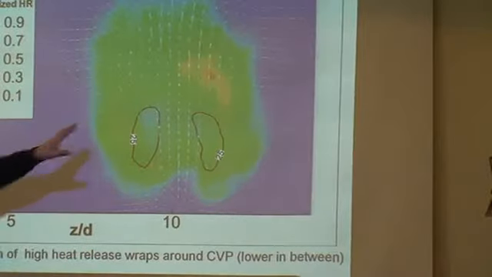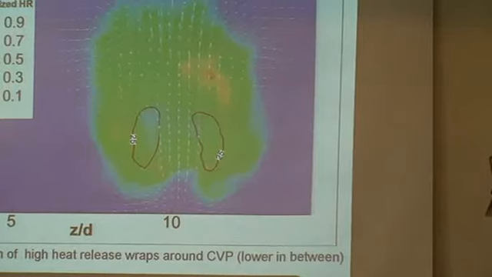So at this position, what you are saying is what I expect. But the flame doesn't look like this if you look at it from above. It looks like this, and then two separate. These two vortexes are here.